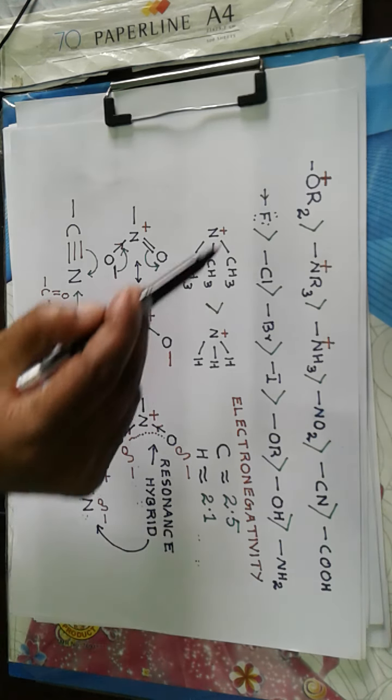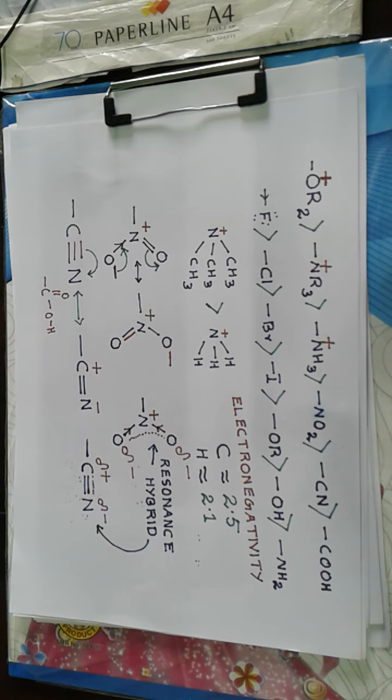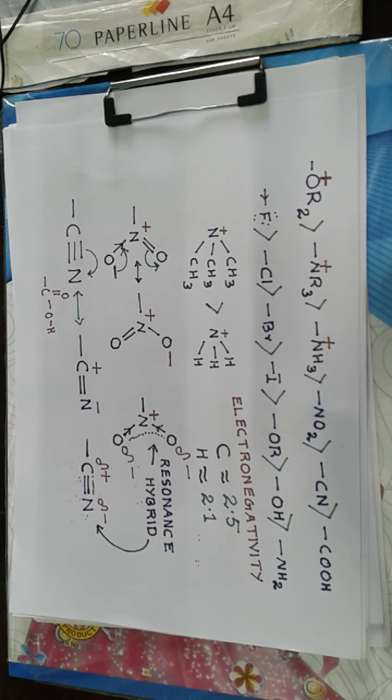In the case of all these groups, there are electronegative atoms which can support the electronegativity of the whole group and increase it, whereas in the case of halogens, you have no other electronegative atoms connected to them, so there is naturally a decrease in the minus I effect of these halogens.